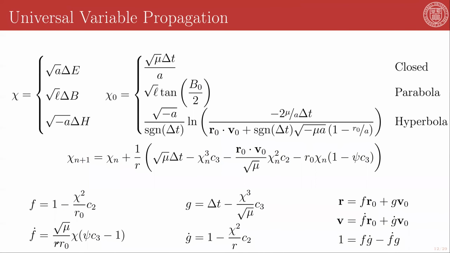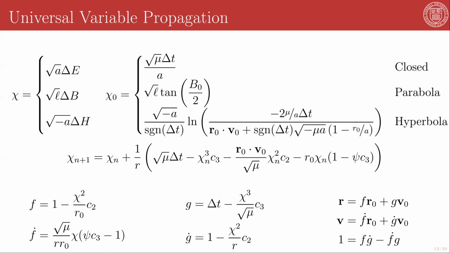And our friends, the f and g functions, have a single universal formulation in terms of chi. We have now provided ourselves with a true universal variable formulation. Chi is representative of all orbit types. It requires much, much less bookkeeping in terms of checking for whether you're on an open or closed orbit, and has a unified set of equations with logical branches only in the initialization of chi naught.